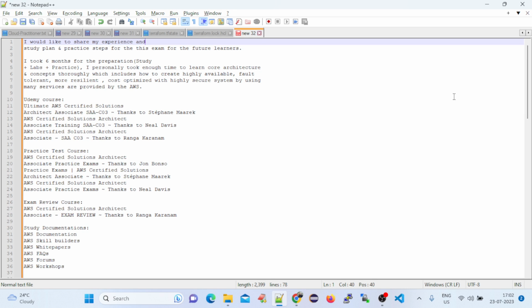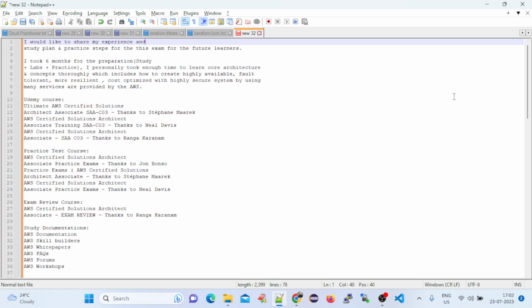I personally took enough time to learn the core architecture and concepts thoroughly, which includes how to create highly available, fault tolerant, more resilient, and cost optimized systems in AWS. This includes broad knowledge as well as a good idea about the particular services, how they work, and how they interact with each other to solve any kind of real world scenario.